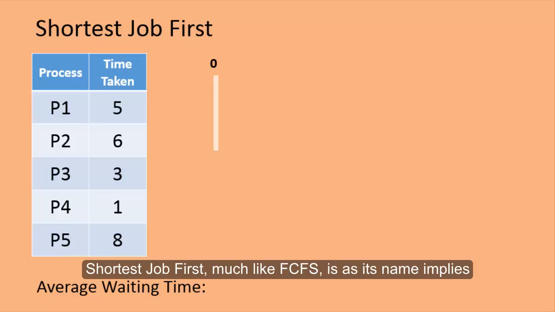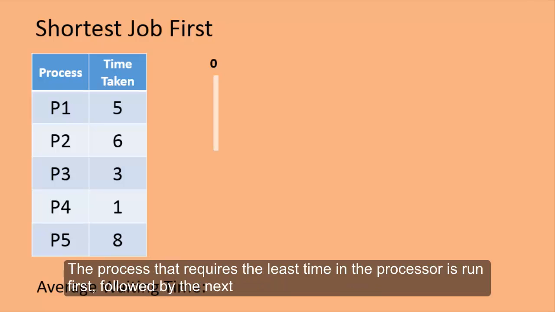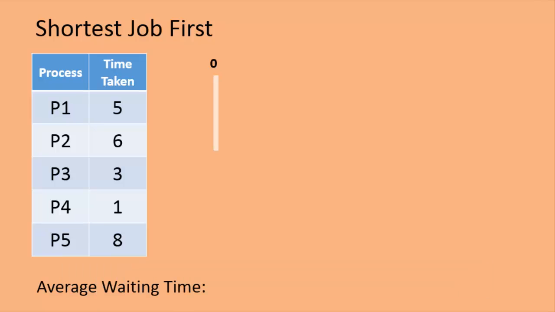For shortest job first, much like first come first serve as its name implies, the process that requires the least processor time is run first, followed by the next. In this example, we're able to show you based from P1 to P5 and its time taken. First off, P4 will run first because it's 1 unit's time, which is the shortest time taken to complete the job.